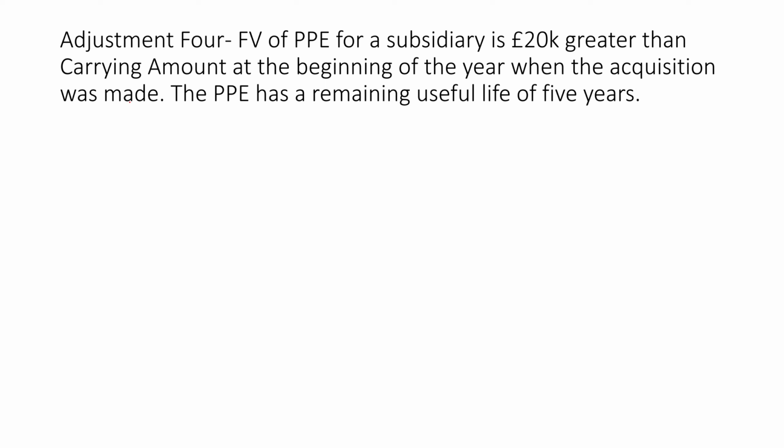The other adjustment that can come up is where the fair value of assets at acquisition for a subsidiary is different from the carrying amounts. Okay, so when we're consolidating, when we're buying a company, we have to record the value. We have to take on the assets and liabilities at their fair value, and at the year end we present all the assets and liabilities at their fair value.